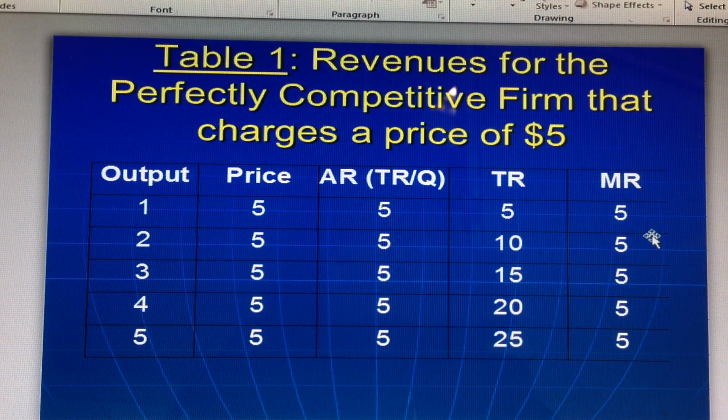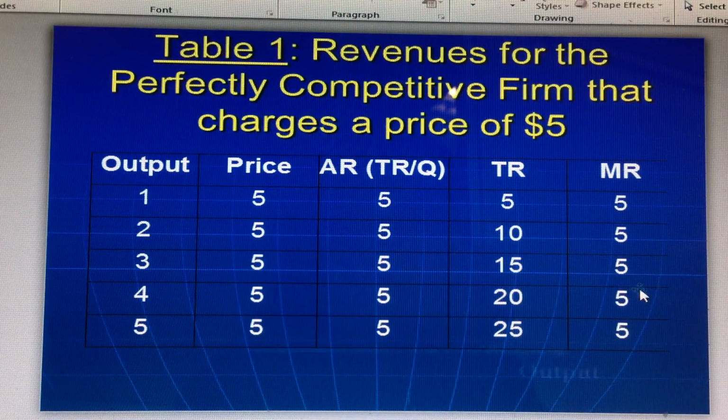It will be the second cup minus the first cup in the total revenue. Remember the formula, change in TR over change in output, which will give you 5. So if you continue doing that, you'll find that the price is always 5, the average is always 5. Total revenue, of course, will increase. Each cup will contribute $5 to your revenue.